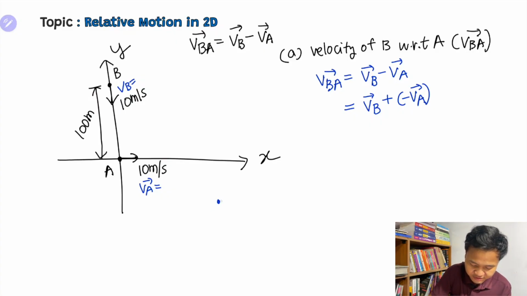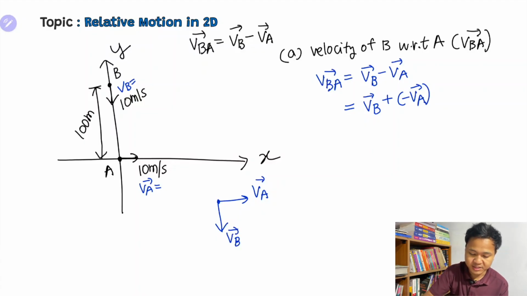So here I have VA along this side. VB is downward, right? But in the equation I want minus VA. So where is minus VA? Minus VA is opposite to VA, so here I have minus VA along this side.